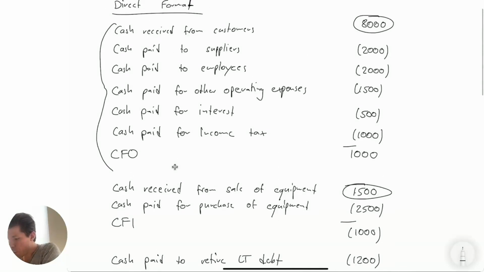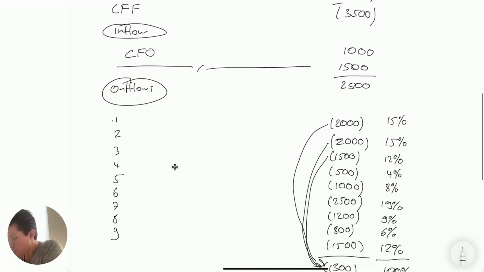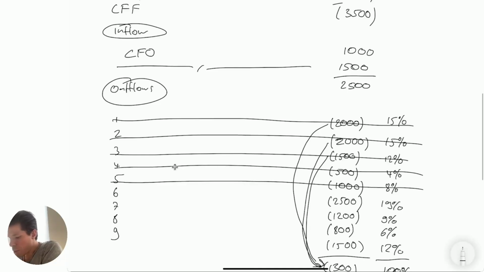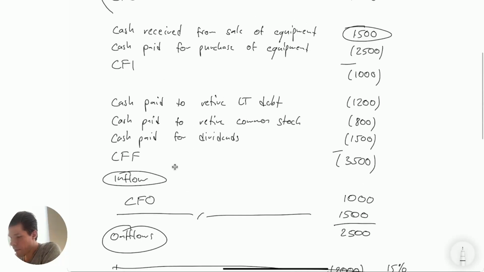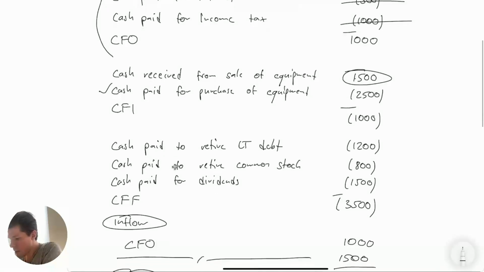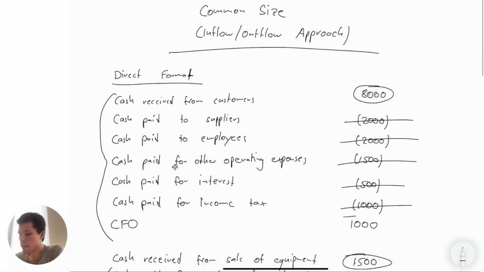And you would also not have this item, this item, this item, this item, and this one: 1, 2, 3, 4, 5. You wouldn't have those. Under the outflow section, you would only have this one, this one, this one, this one, because for CFI and CFF there is only the direct format.